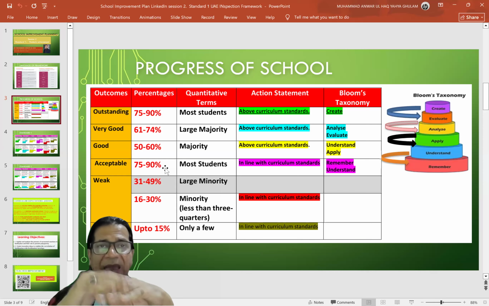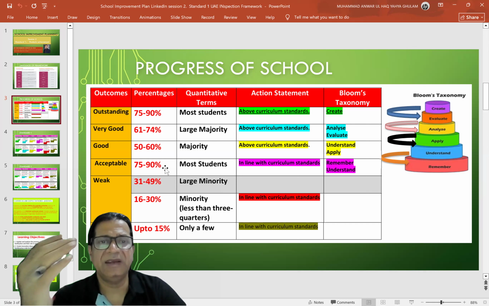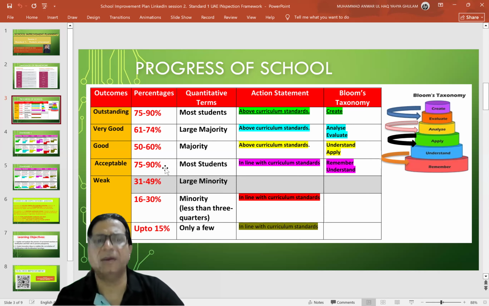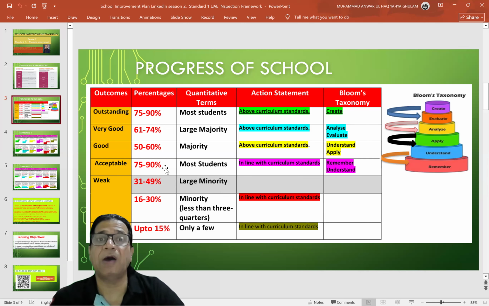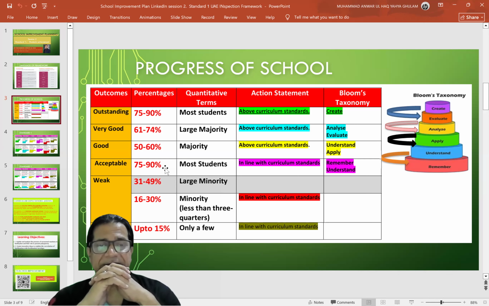And if you enhance this to 60 to 74%, it means your lesson is very good. Or if you are moving from 75 to 90%, then it is outstanding. So this is the way of carrying out your lesson.